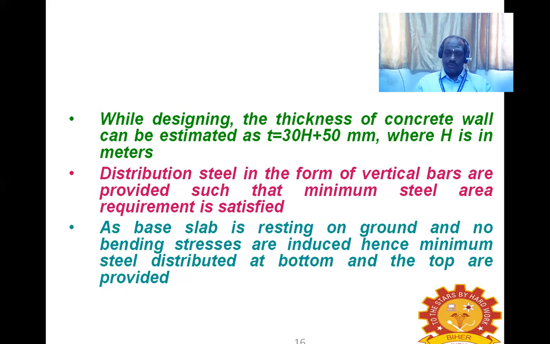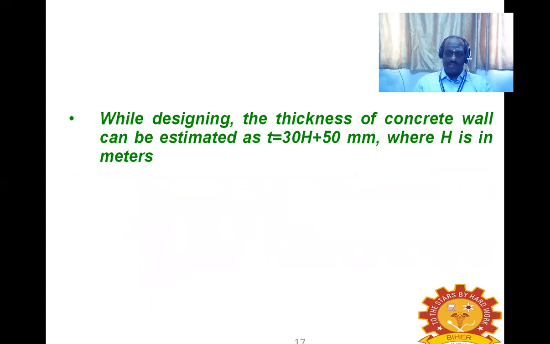So you can have a slab wherein the nominal reinforcement is sufficient to take care of the slab alone, because there won't be any bending stresses since the tank is resting over the ground.